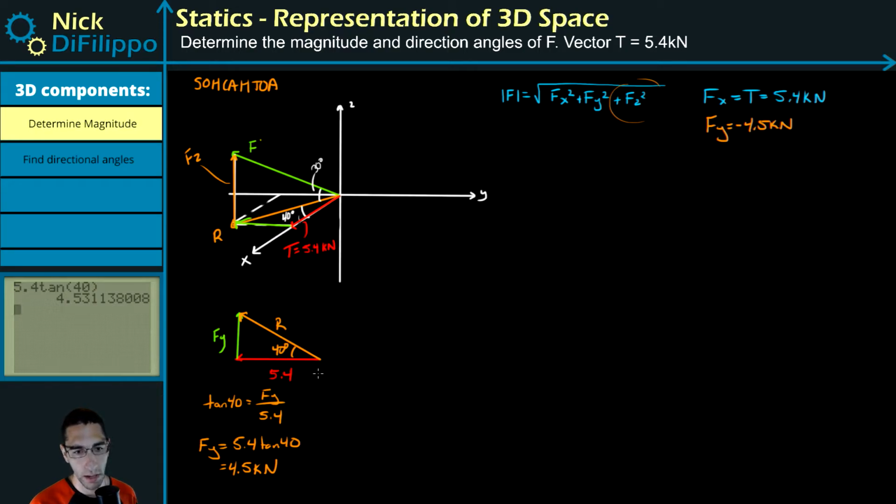R is the hypotenuse. Then I'm going to use the 5.4. So I'm going to use this adjacent and hypotenuse, and I'll need to use the cosine.